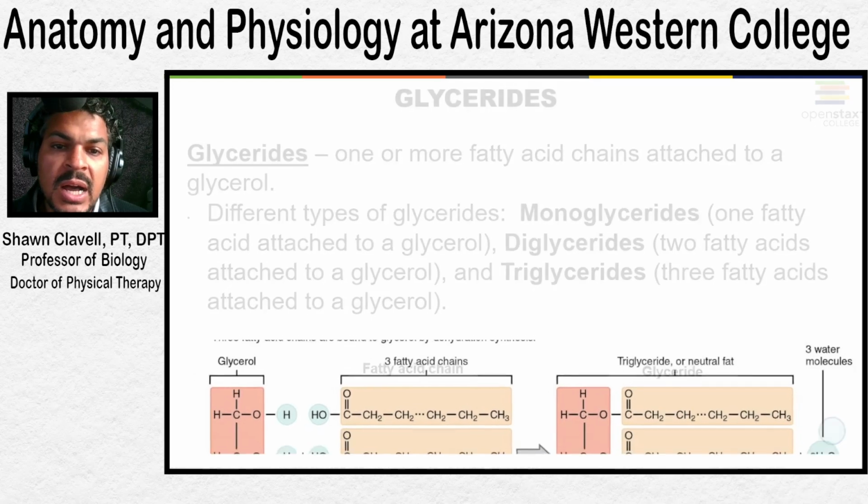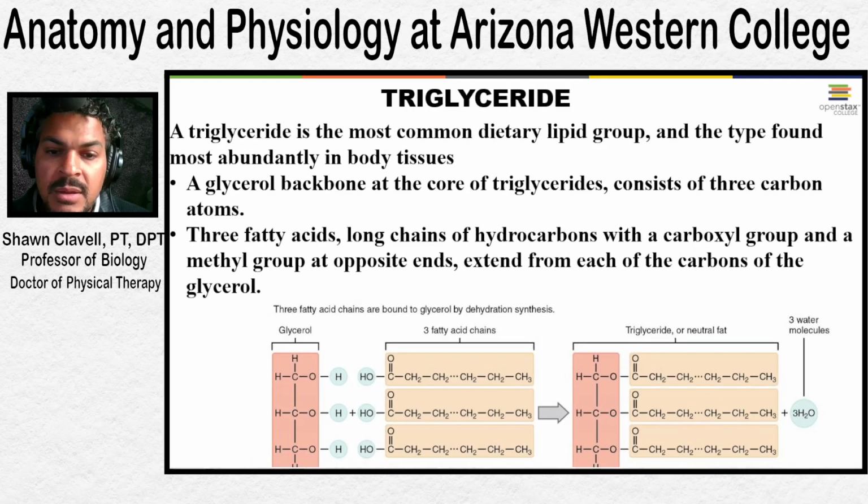The most common dietary lipid is the triglyceride, and it's found most abundantly in our body tissues. This is what's commonly referred to as fat. It's formed from the synthesis of two types of molecules.